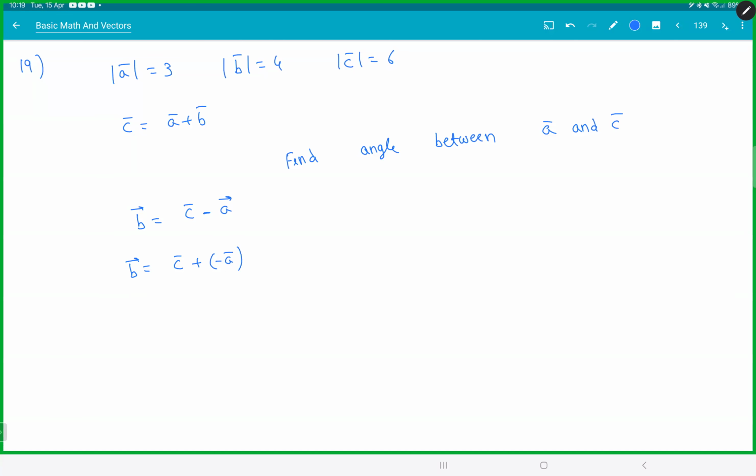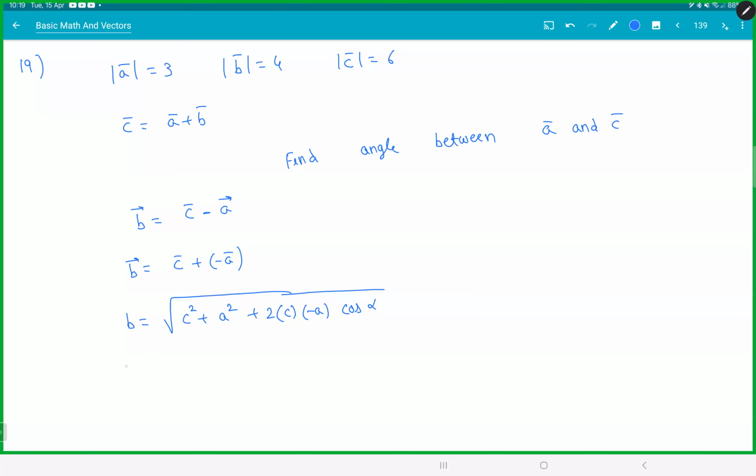So now if I use the formula, I'll get B equal to root over C square plus A square plus 2 into C into minus A into cos alpha, where alpha is the angle between A and C. You getting what we did? If you add C and minus A, you will get alpha.